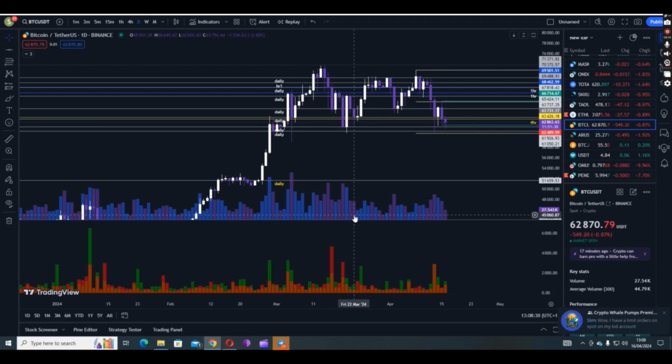It's very weak. Then the day after that, we've got a doji type candle. And then the day after that, we've got more bullish volume coming in, which then engulfed near enough them two candles.